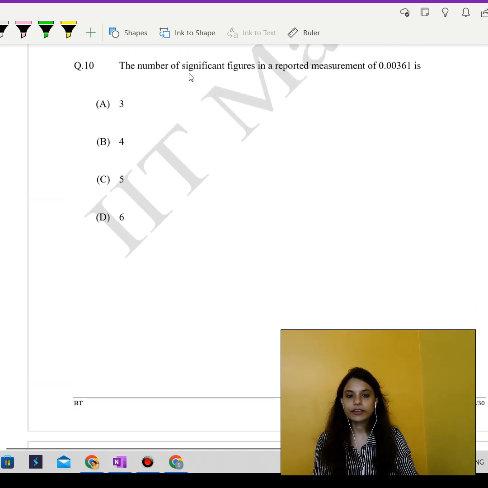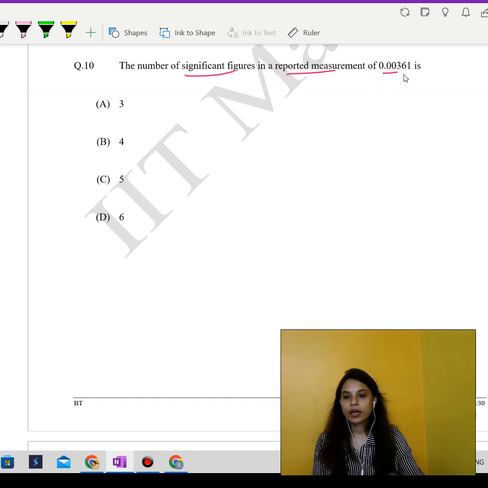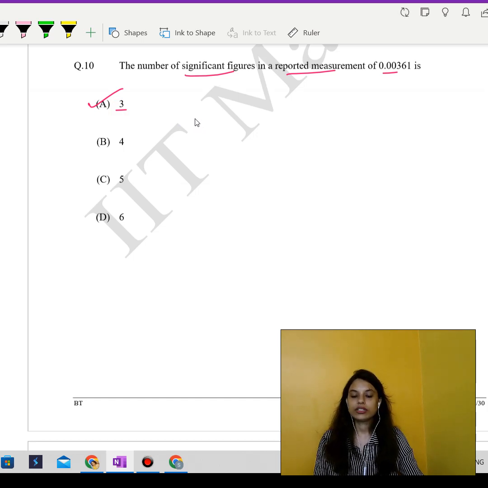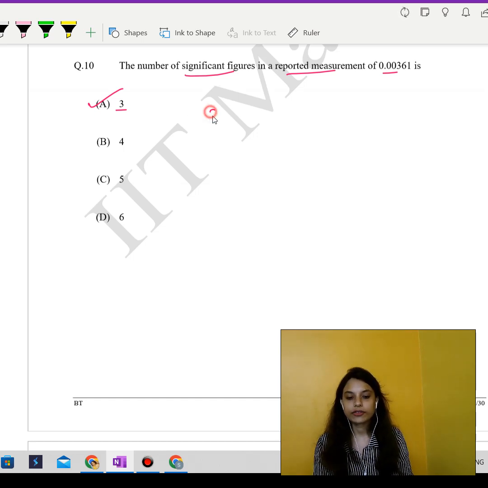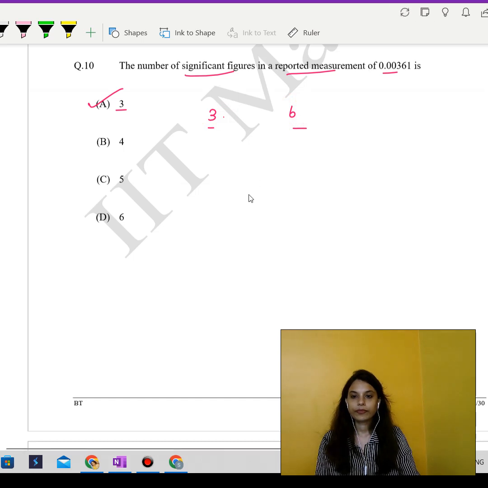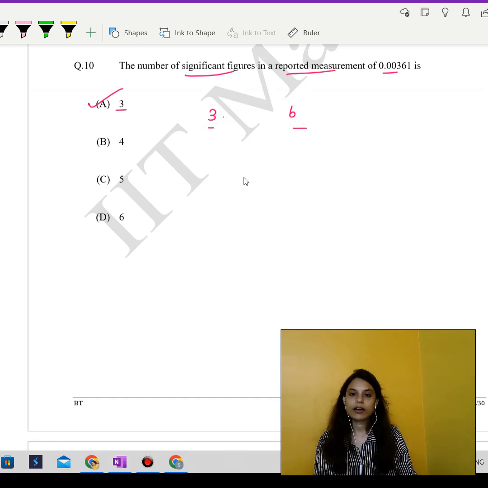The number of significant figures in a reported measurement of 361 would be 3. Okay, go with 3. Let's start with the non-zero digits. They are always significant, right? And this includes the leading non-zero digit, that is 3, and the digit 6. Now, zeros between non-zero digits are again significant.